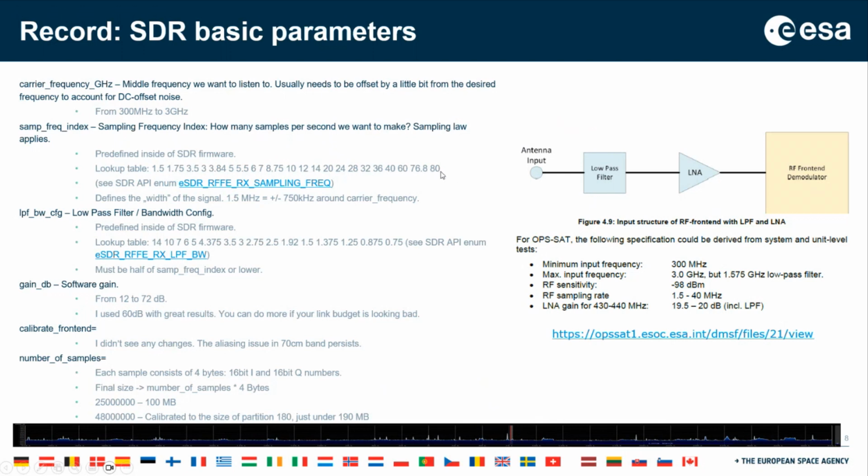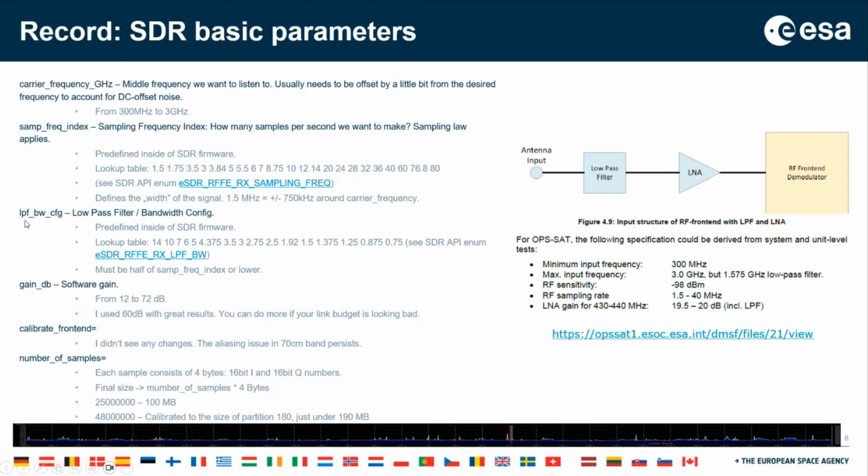But we can go up to 80 megahertz, which would theoretically be 40 megahertz to the left and 40 megahertz to the right. But effectively, it also means that we don't have enough memory to do a long enough recording at such a sampling rate, but perhaps I will go to it in the next step.